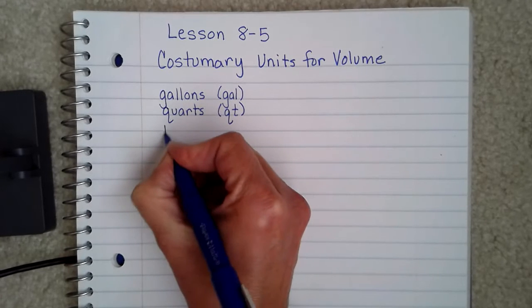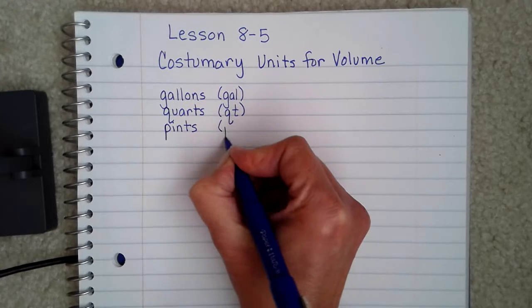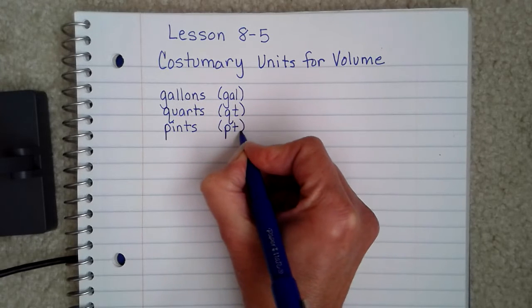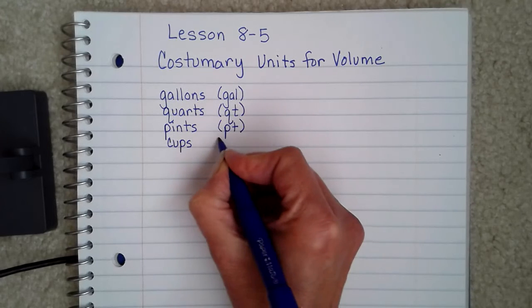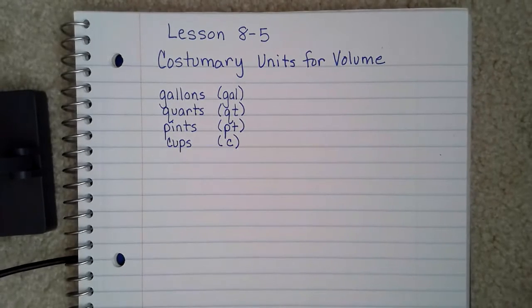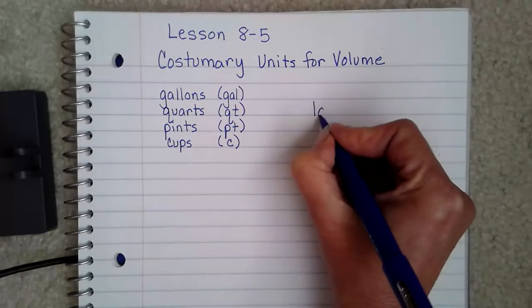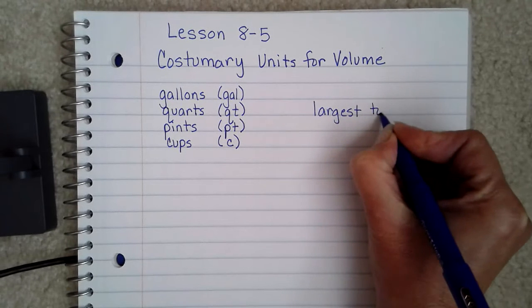We use pints. Pints is abbreviated with PT. And we use cups, and cups is abbreviated with just a small c. All right, so these are going from largest amounts to smallest.